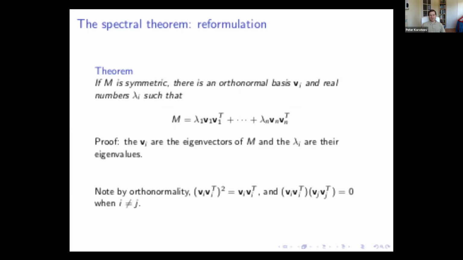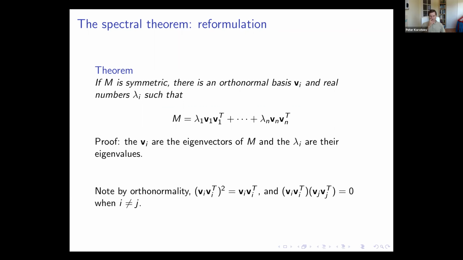And then by orthonormality, the square of Vi Vi transpose, which is a matrix, is equal to this matrix itself, right? Because you can write it like this: Vi Vi transpose, squared, equals Vi Vi transpose Vi Vi transpose.